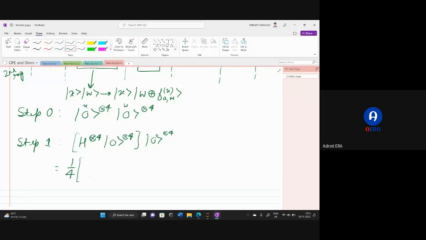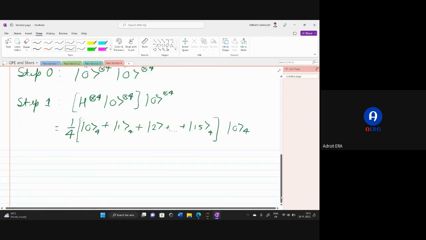You get ket 0 tensored 4, then ket 1, and so on, ket 2, plus so on up to 15, because there are 16 total, so 0 to 15. We write it like this, and this is the w register which is going on. So this x register is now in superposition.